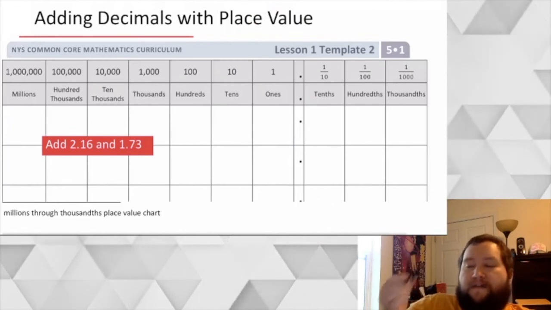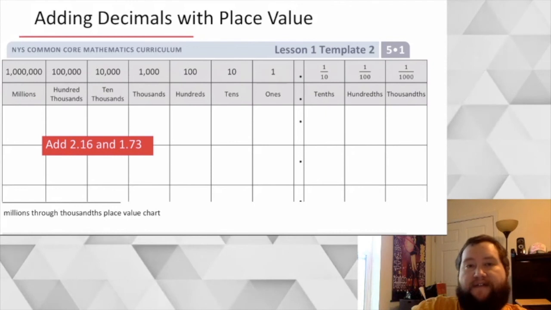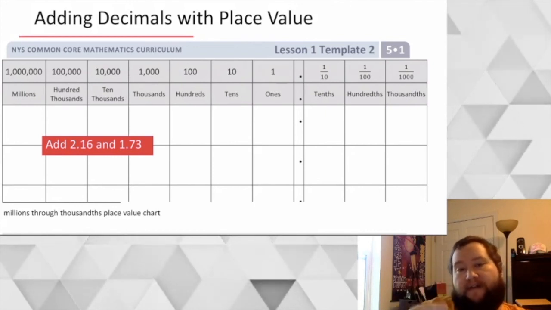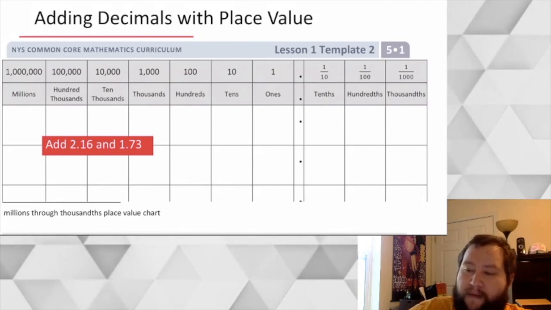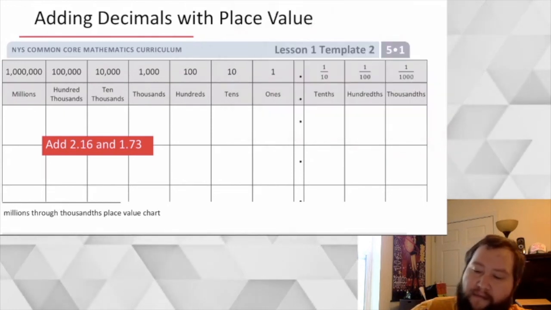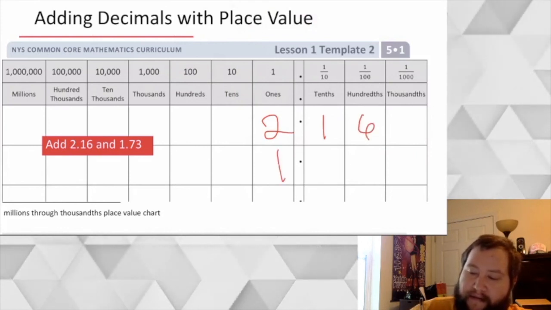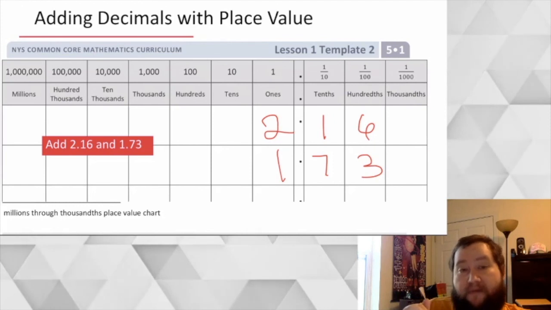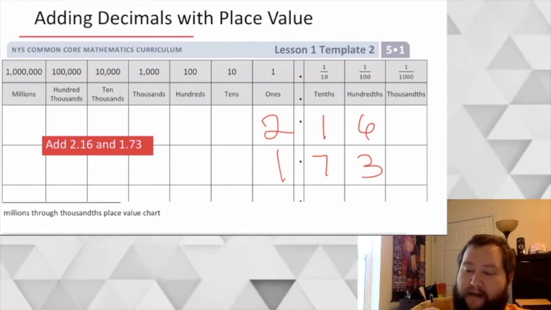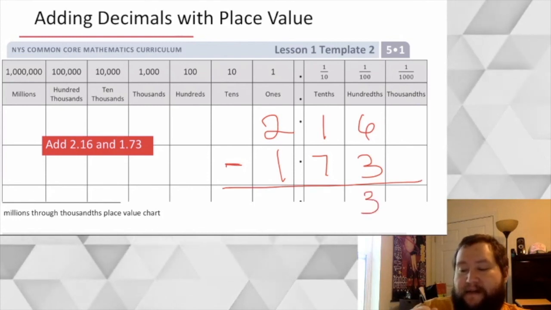And so the most efficient, after we have place value understanding, because we need place value understanding before we move on to standard algorithms. When we look at this, we have 2.16 and 1.73, and suppose you are going to do subtraction again. Let's subtract. 6 minus 3 is 3.